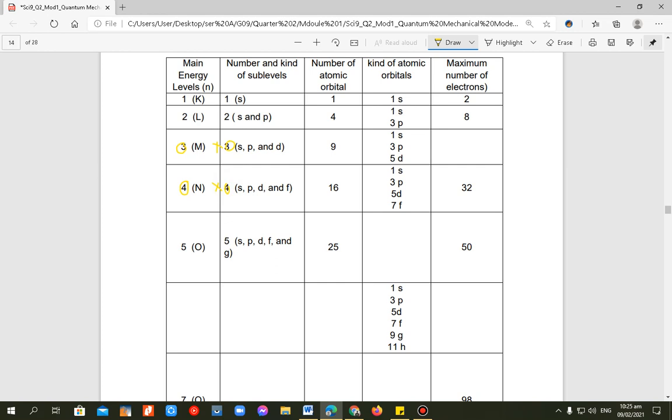So, dito naman, paano naman nakuha yung kind of atomic orbitals po natin? Sabi po natin kanina, sa SPDF, hindi ko pa po nabanggit yung SPDF na yan.